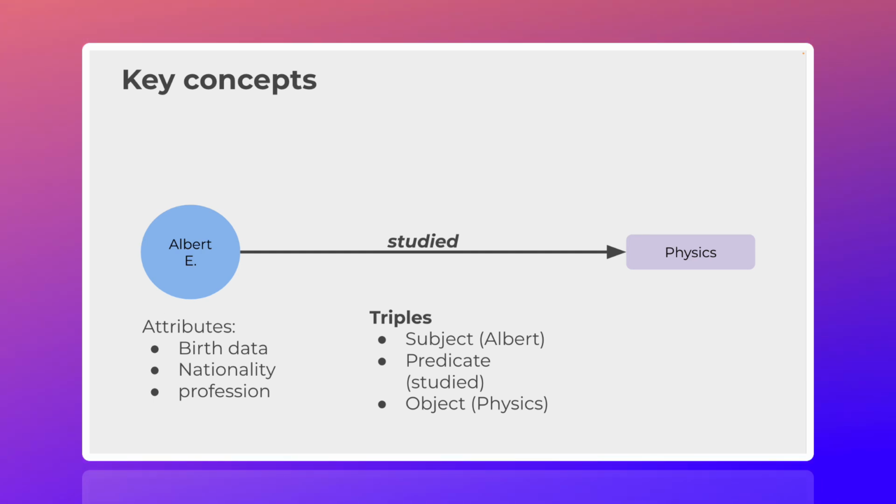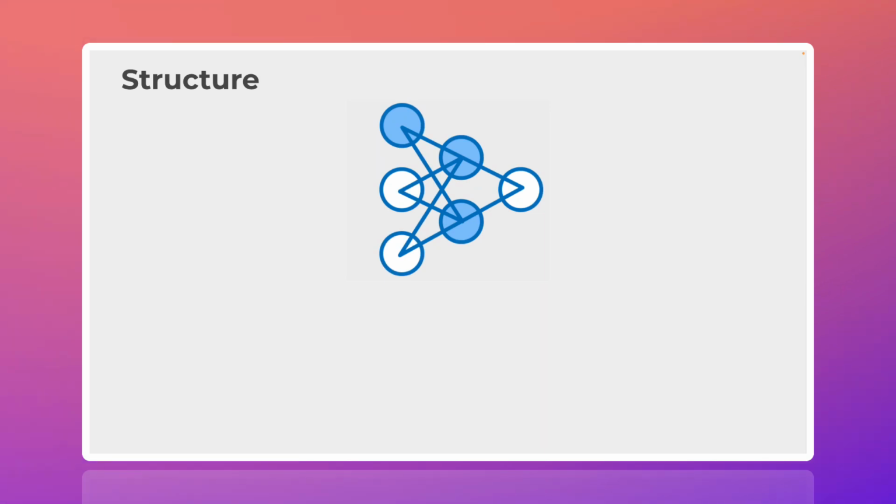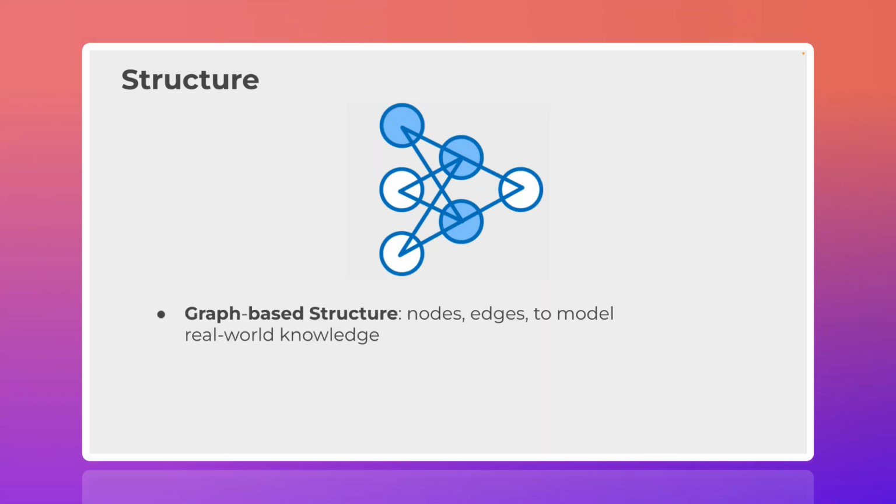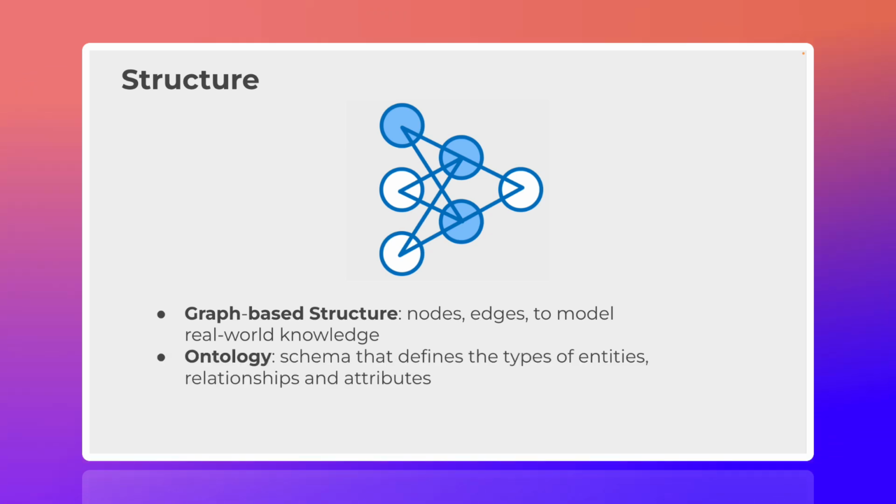Now we have the definition of what a knowledge graph is and the main building blocks, the key concepts. As we know, a knowledge graph has what we call a graph-based structure. What that means is that we have nodes and edges that allow us to model real-world knowledge. That is the beauty of knowledge graphs, and that's the reason why they're called knowledge graphs. But they also have ontology. So what is this ontology?